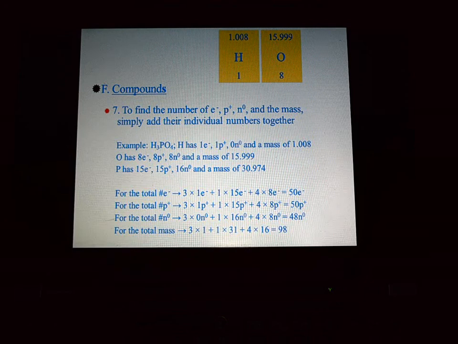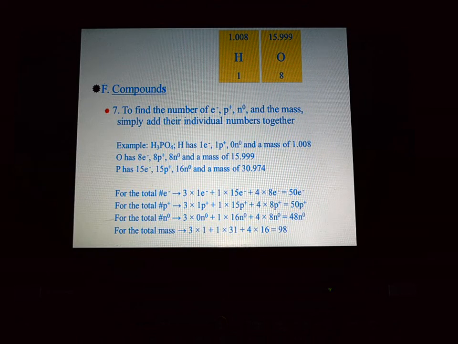Now, my neutrons did not match because, of course, hydrogen doesn't have any neutrons. That's the first thing. And the second thing is, phosphorus actually has 1 more neutron than proton anyway. The neutron numbers do change, so you won't always get the same number of neutrons as the other two, but those two should match.